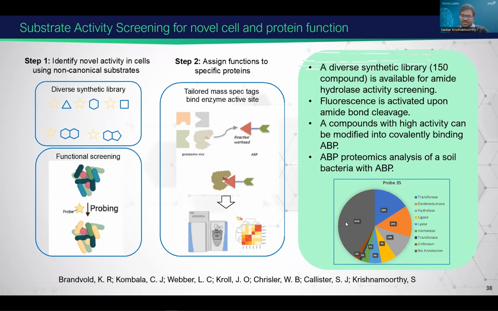The pie chart that you see here is from that sample. The point that I want to make is we identified different types of hydrolases, including amide hydrolases, but we also identified about 41% of proteins that did not have any annotation. So now you can say that these proteins likely have some type of hydrolase or amide hydrolase activity.